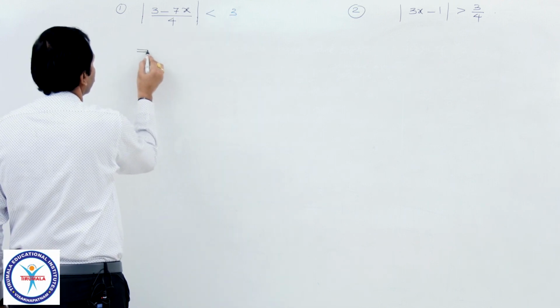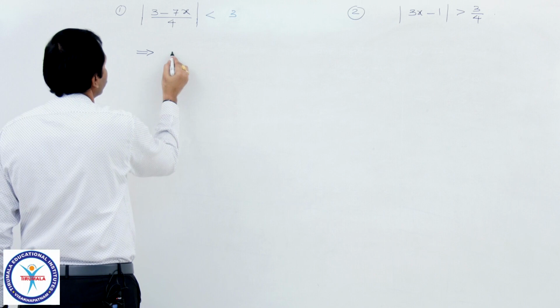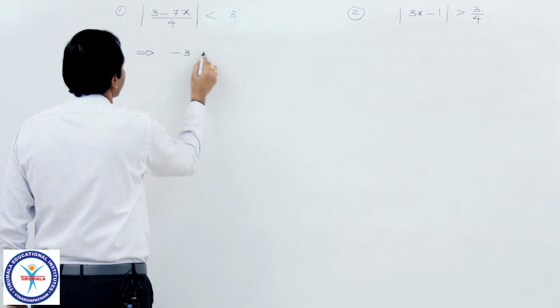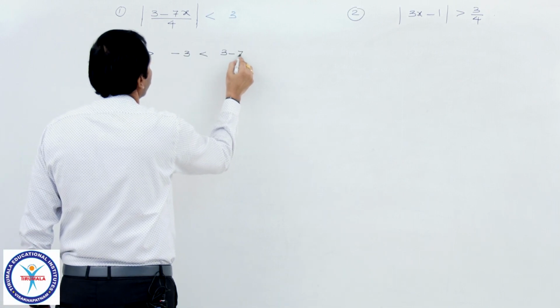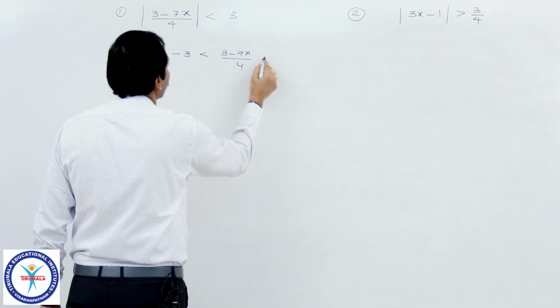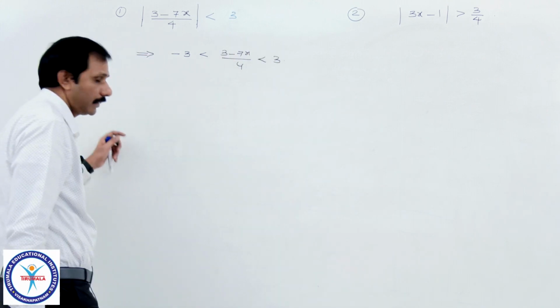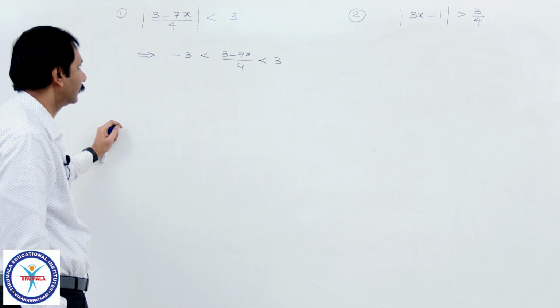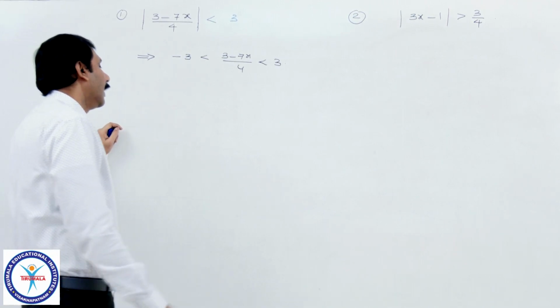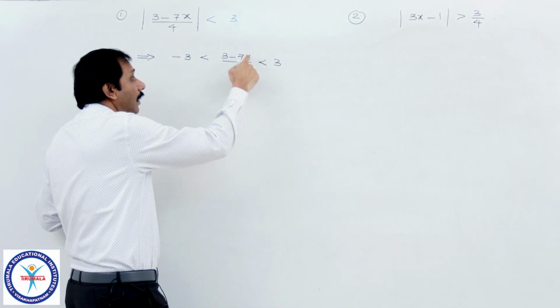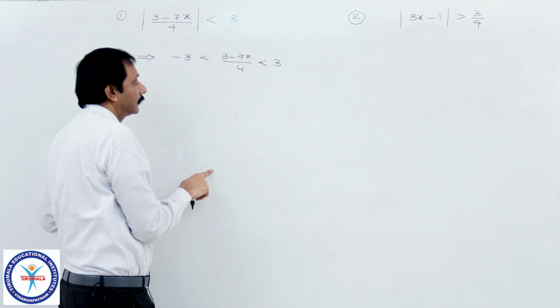As we have practiced many problems, we can write directly −3 < (3 − 7x)/4 < 3. Right. Now I need values of x, not of this number.